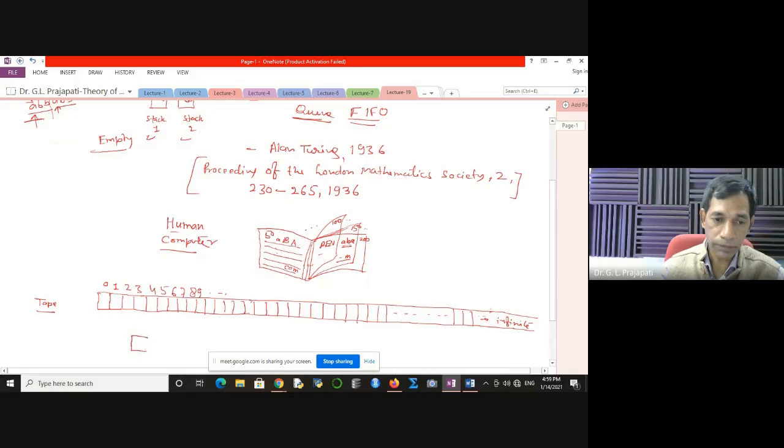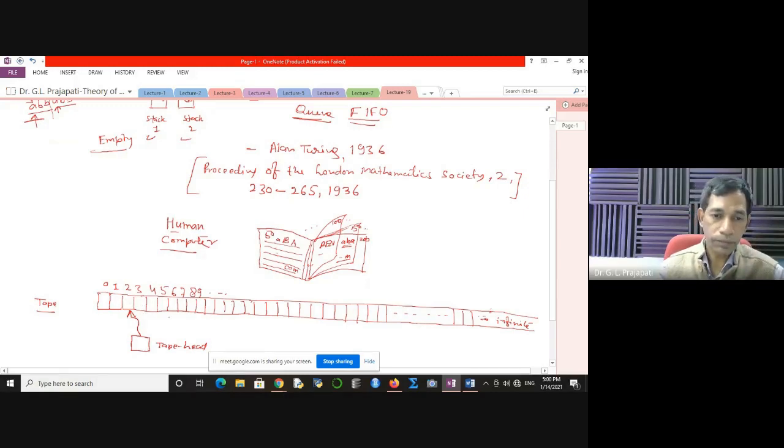The tape head can scan any one square at a time. When the tape head is positioned at square 2, it can read the symbol stored in square 2, or it can replace the symbol stored in square 2 with some other symbol, or replace it with blank, which means it can delete it.